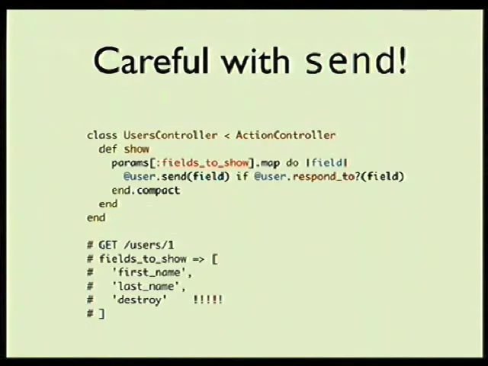Be careful, because destroy is not an attribute. That is a method that will get run, and it will destroy your model. This is even worse at the class level. If I were doing this at the class level, intending to call a named scope, someone could pass in destroy_all, and it would destroy all the records for that model.